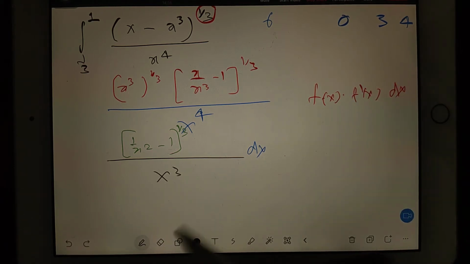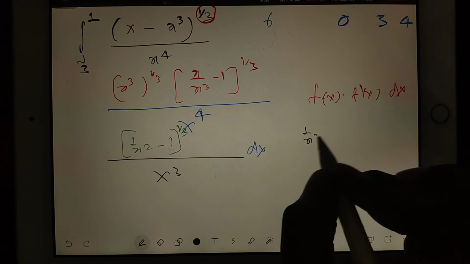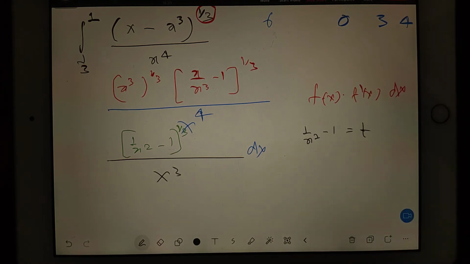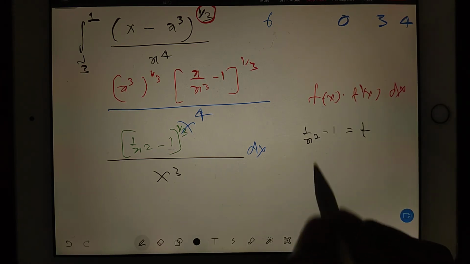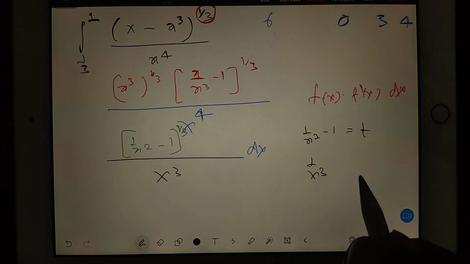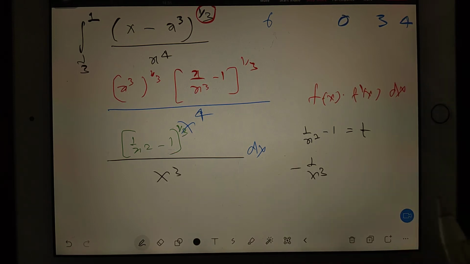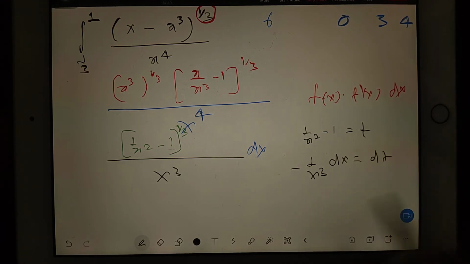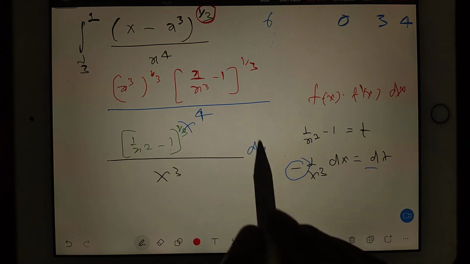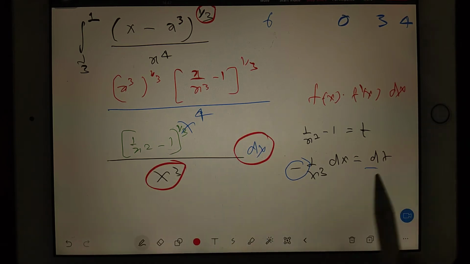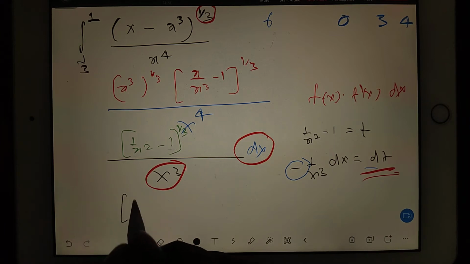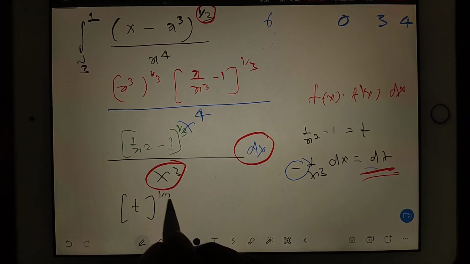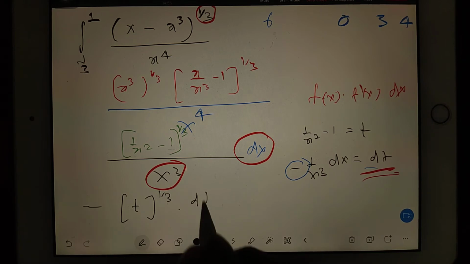It means if I consider 1 by x square minus 1 equal to t, then if I differentiate, 1 by x cube, and of course a minus sign, this total with dx becomes your dt. This minus sign, you can say, is minus dt. So this dx you replace with x cube as minus dt. So I am now replacing with t whole power 1 by 3 into minus dt.